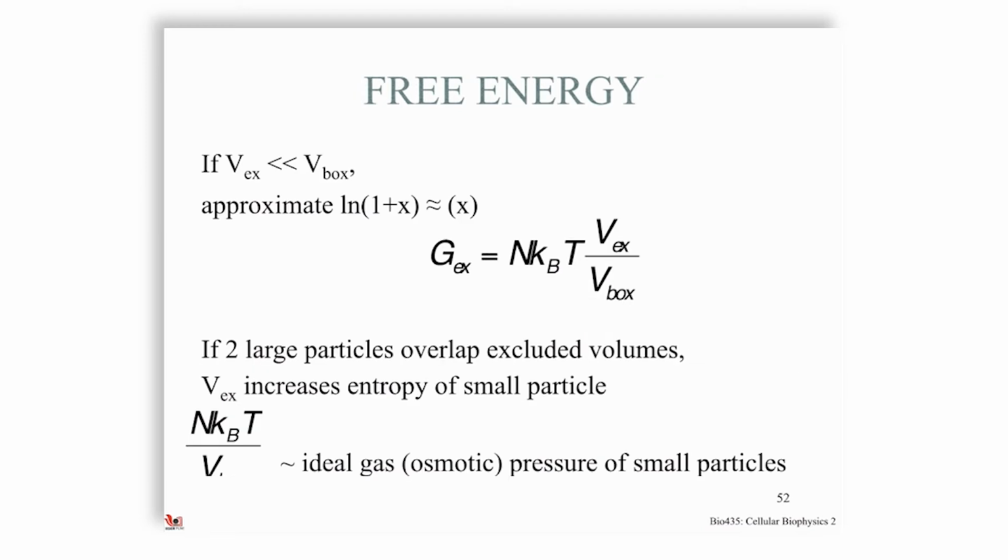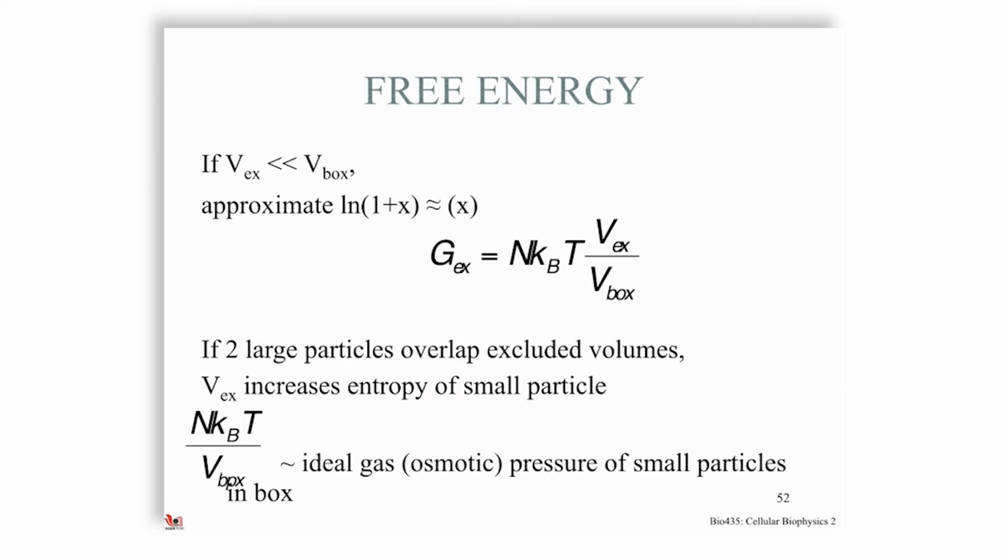So given this, when the excluded volume is much smaller than the box volume, we can approximate ln(1+x) to approximately x, and we end up so that ln in the brackets, 1 minus Vx by V box, becomes this. So the G excluded becomes N kBT Vx by V box.